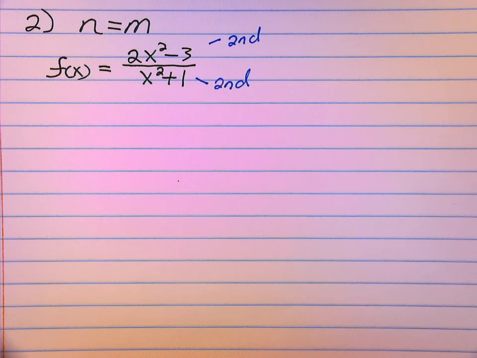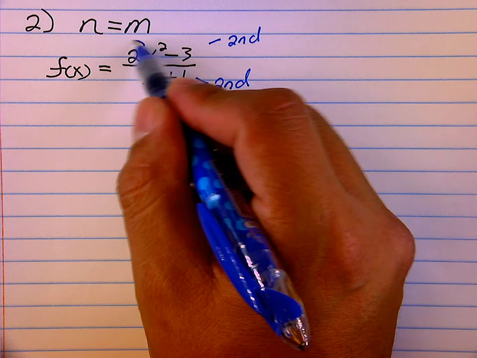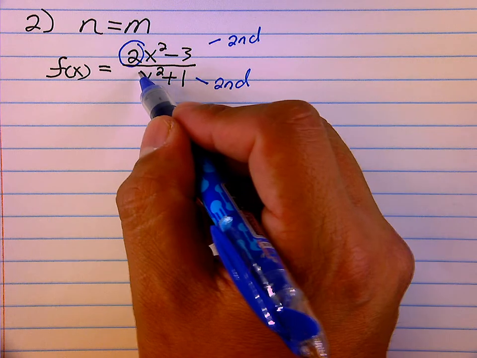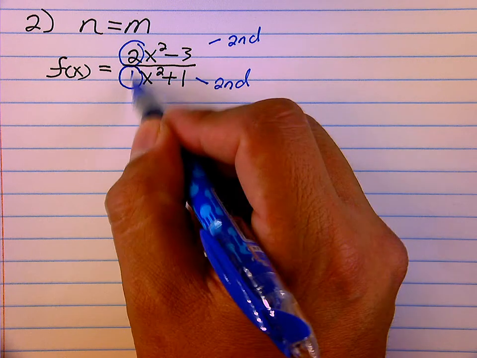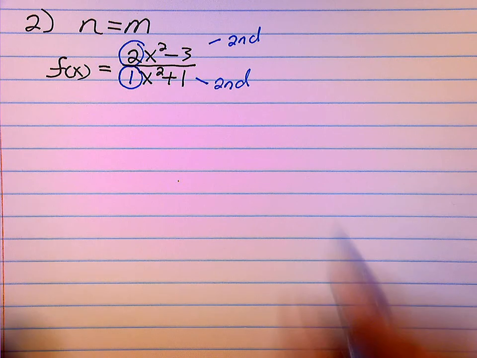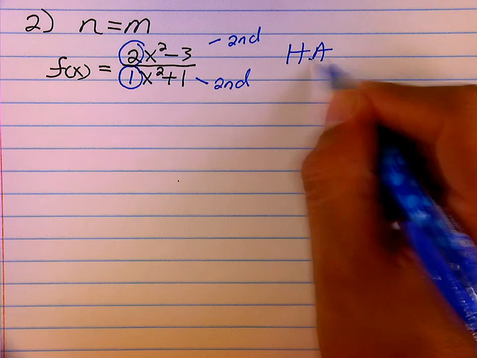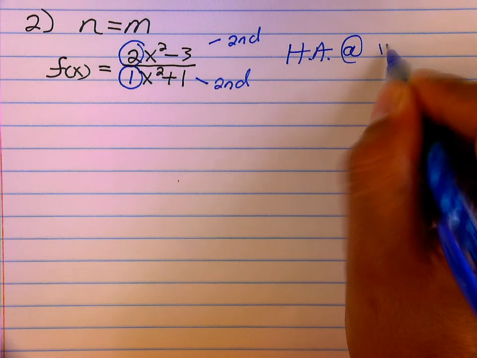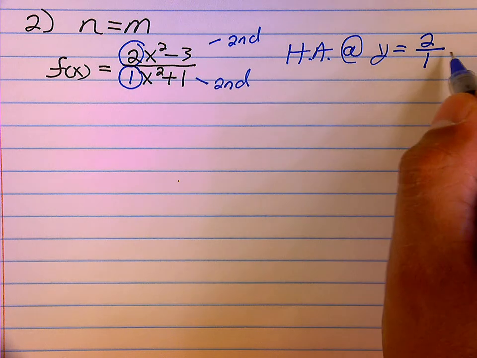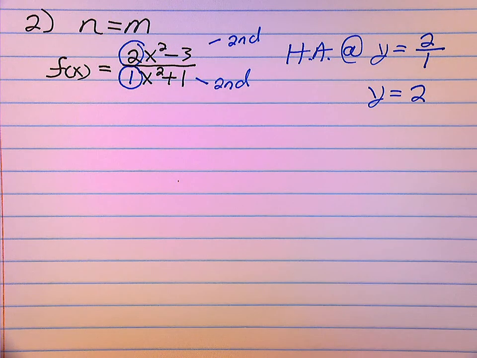In this scenario, what we're going to look at is the lead power function's constant in the numerator, and we're going to look at the lead power function's constant in the denominator. In this case, it's a 1. That tells me that I will have a horizontal asymptote at y equals 2 over 1, or simply at y equals 2.